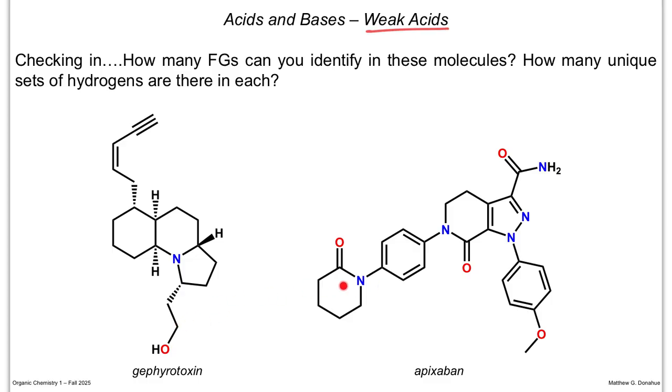When looking at either of these molecules, basically what you're going to do is rank those functional groups and say, if I treat this with an appropriate base, which hydrogen gets deprotonated first? And so that's the rational part of how to make molecules.